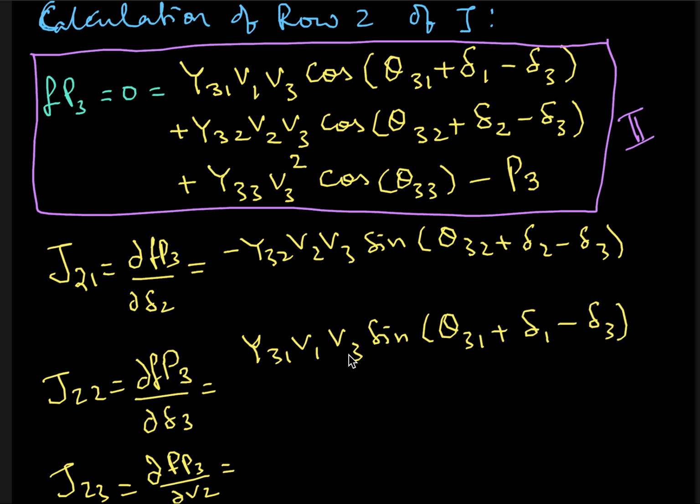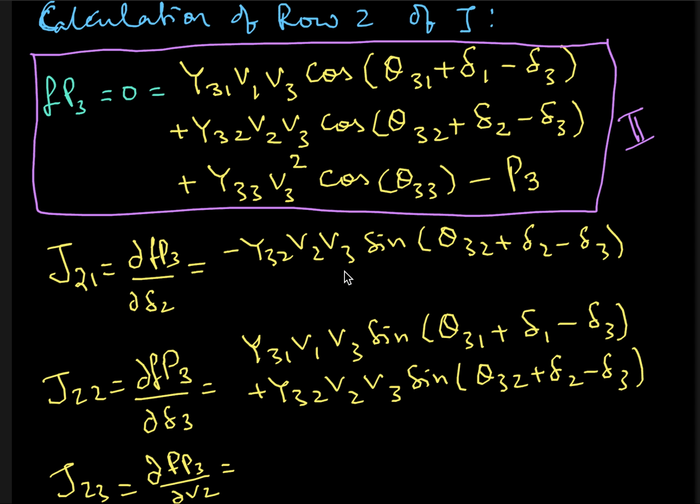Just the cos will become sine, and the second term also, plus y32 v2 v3, and then I'll have sine of theta 32 plus delta 2 minus delta 3. Now the last one does not have delta 3, so its differentiation is 0.